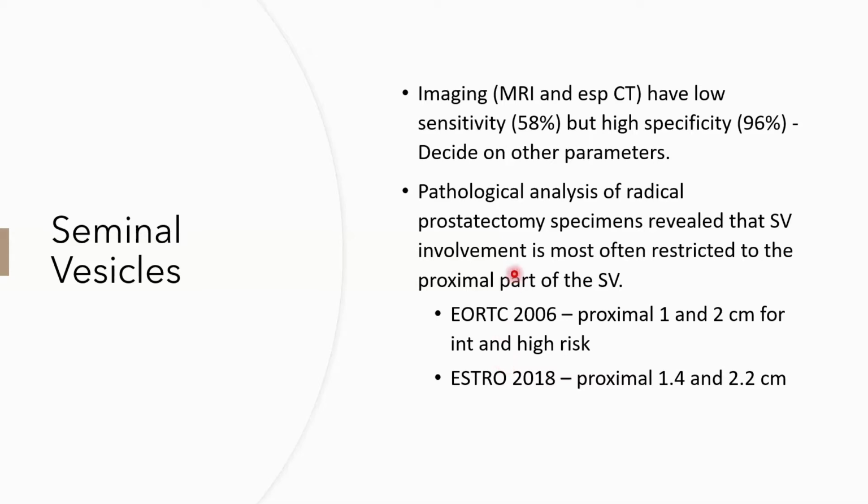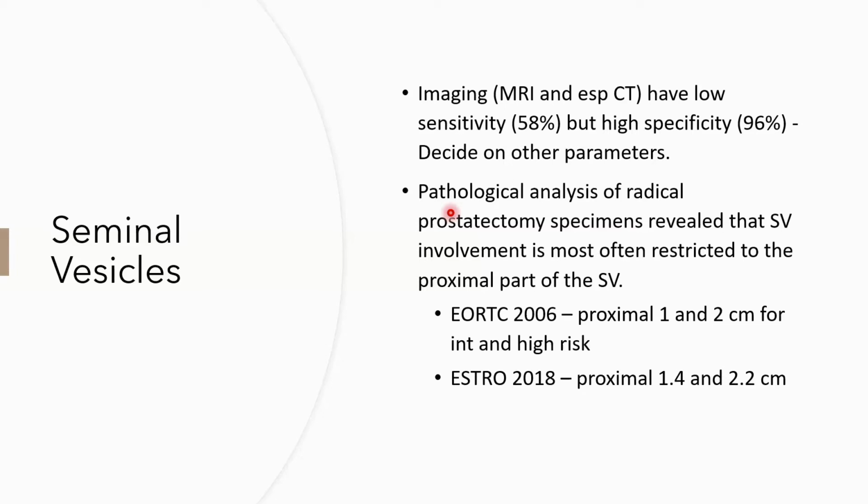Now, how far into the seminal vesicle do we really need to go? There have been several studies looking at the pathological analysis of radical prostatectomy specimens, which show that seminal vesicle involvement is most often restricted to the proximal part.